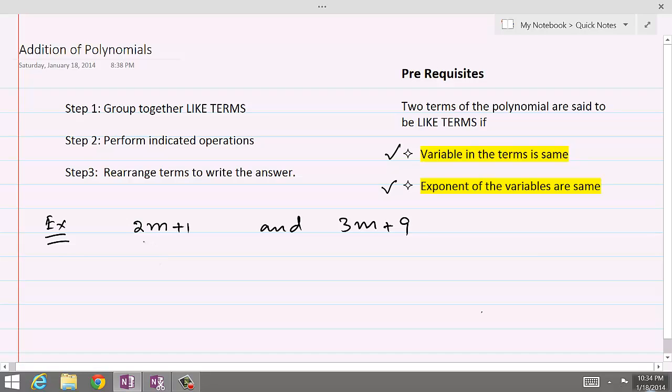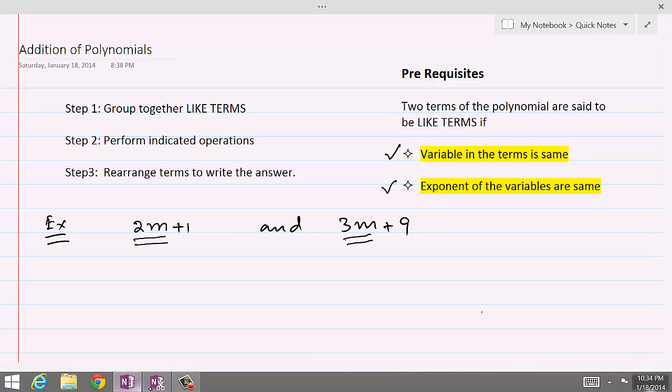So where is the like term, if any, for 2m? This 2m and 3m are like terms because both terms have the same variable m and the exponent of that variable is also the same.